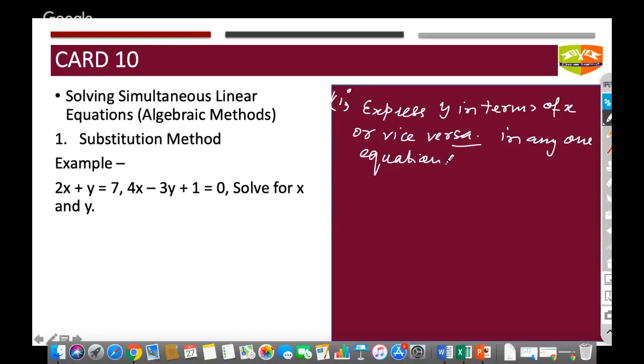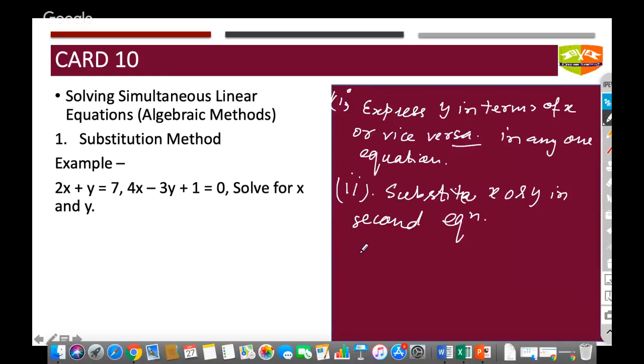Then what I need to do is substitute this value of x or y in the second equation, and similarly, if I'm substituting x, then find the value of y, or x, by substitution.